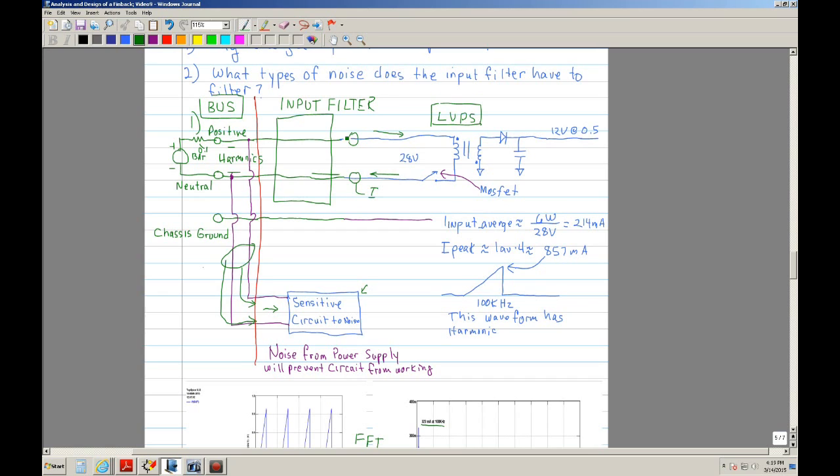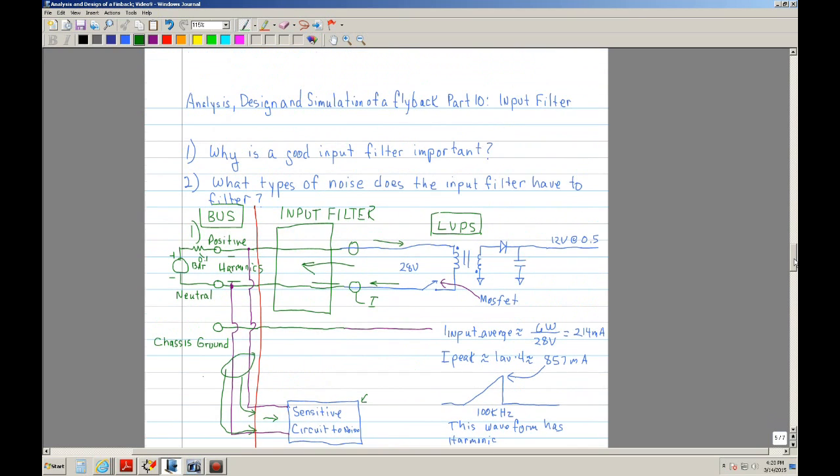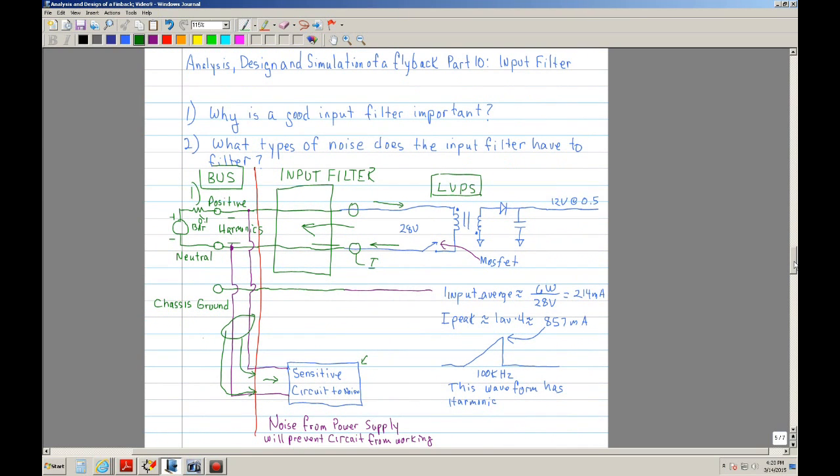That's the purpose: you want to be sure that you contain this noise within the low voltage power supply and keep it from going in that direction. You want to attenuate whatever harmonics you have here, and keep your bus system as clean as possible. That's the reason a good input filter is important.